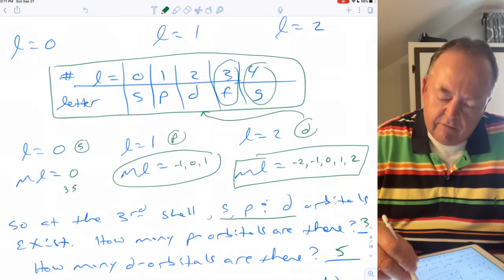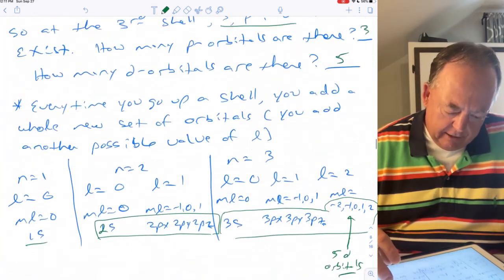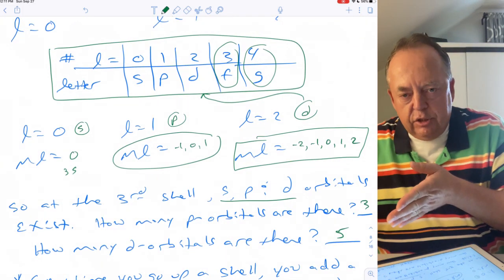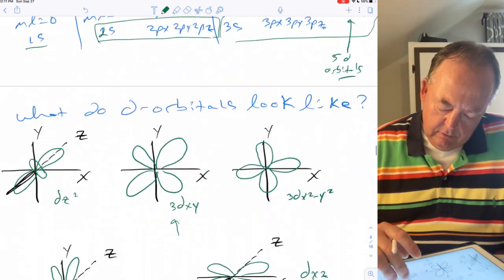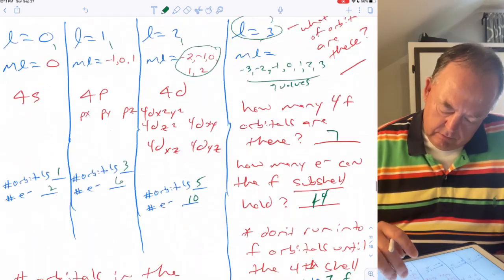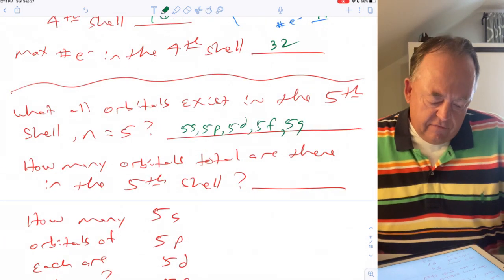So that means you would have g orbitals as well, just following the alphabet after that. You kind of have to memorize S and P, but D on is just the alphabet: D, F, G, H, and so forth. So you would also have 5g orbitals at the fifth shell.